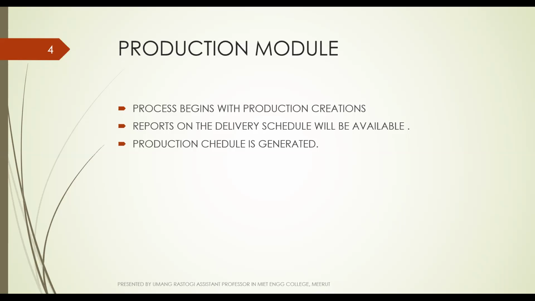Here the ERP production module will just handle a tiny portion of the production. The module begins with product creation. There will be a component master and stage masters. This module is mainly designed to monitor day-to-day production progress. On completion of any work order, information will be passed on to dispatch for delivery. Reports on the delivery schedule will be available in this module.